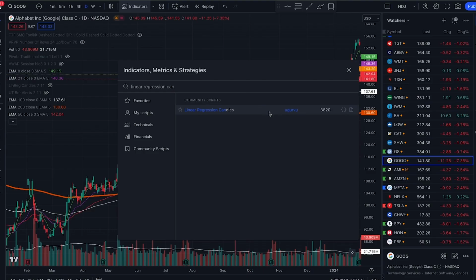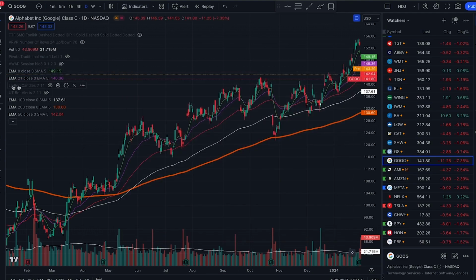Make sure it's this one. All right, so you can add that. All right, got it. Okay, so we got these two here: linear regression candles, UT bot alerts. Now I'm going to show you how this works. Now here you'll get signals, buy signals and sell signals.